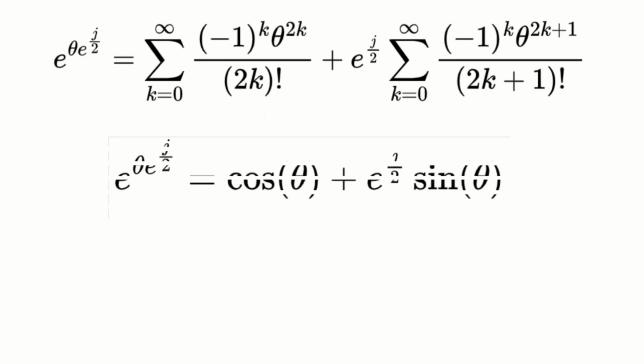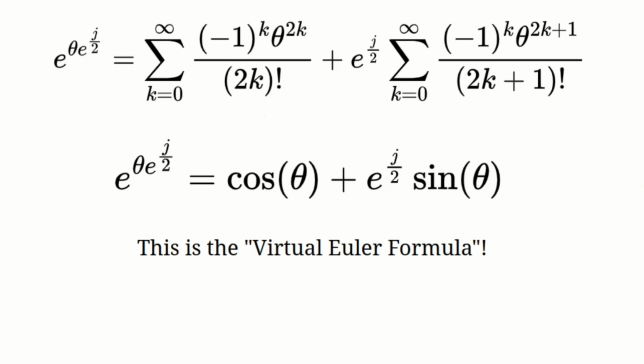Recognizing these as the cosine and sine series, we obtain e^(θ) · e^(j/2) is equal to cos(θ) + e^(j/2) sin(θ). This is the virtual Euler formula, the virtual number system's version of Euler's identity.